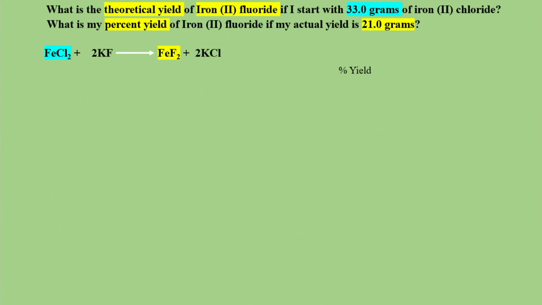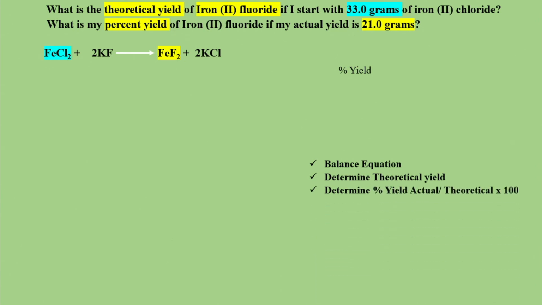So very simply, we're going to start with the balanced equation, we'll determine our theoretical yield, and then we will determine our percentage yield, which will be our actual divided by our theoretical multiplied by 100. So we're taking our grams of our iron 2 chloride to our grams of our iron 2 fluoride.